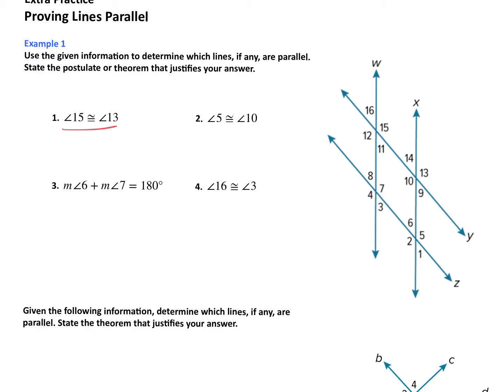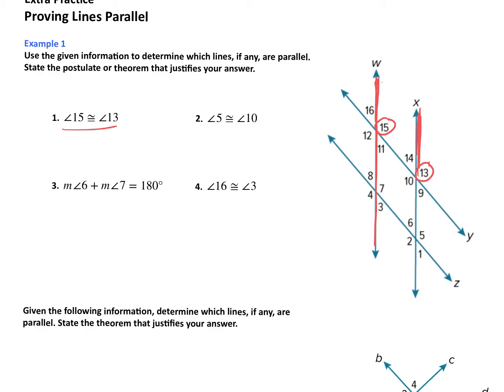So this first one here, we have angle 15 and angle 13, and we are told that they are congruent. Looking at this diagram, I can see that they sit on lines W and X, and our transversal in this particular case is line Y. Y acts like the transversal.